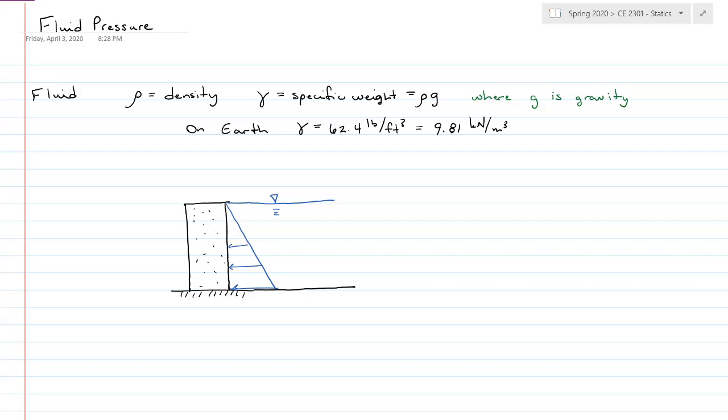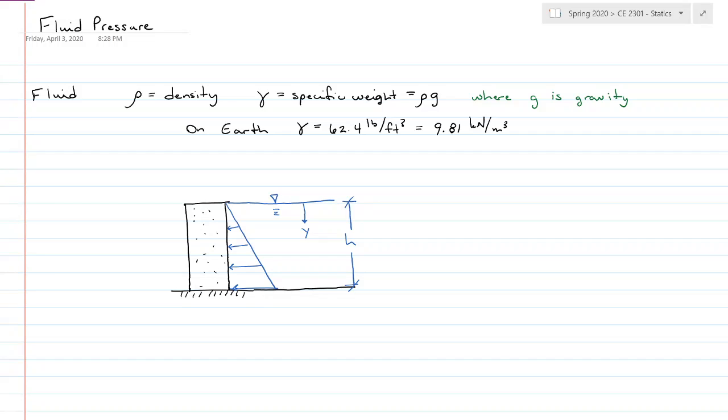So you'll see here that fluid is a distributed load that is triangular. Depth, we generally represent with y or z, and then we have our height, the depth of the water, h.